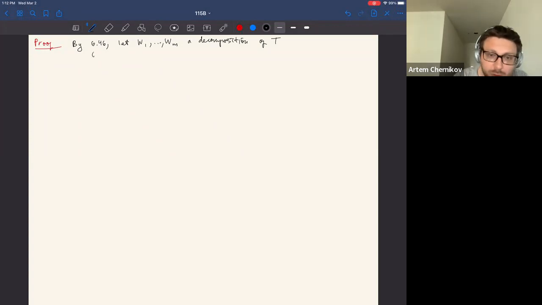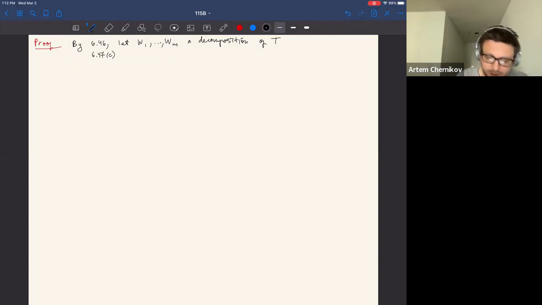And moreover, I'm going to also use part C of theorem 647, which tells us that we can use at most one reflection in this process.